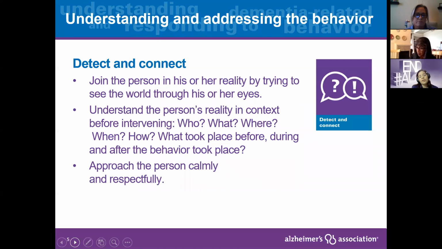And then, what took place before that happened, during, and then after the behavior took place. You want to approach every person, when you're trying to detect what's wrong and connect with them, calmly and respectfully. We'll talk about that because that's easier said than done. For anyone that's actually taking care of someone day to day, we're all human and we all get frustrated. But we'll chat a little bit more about that.